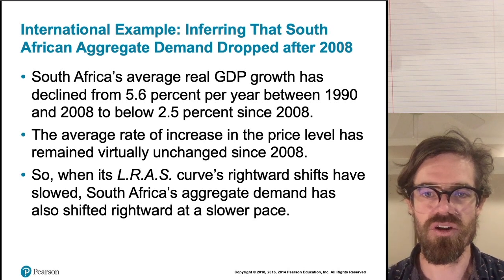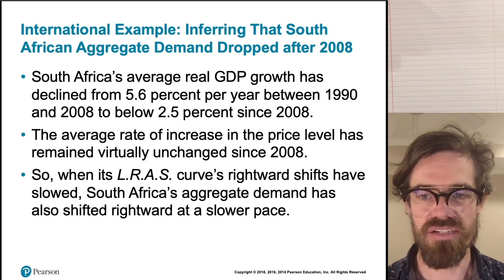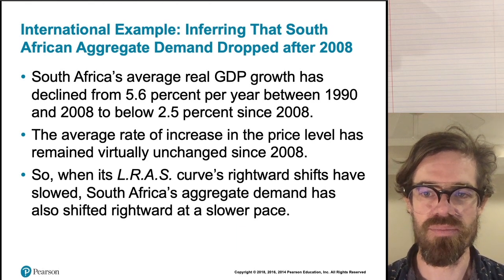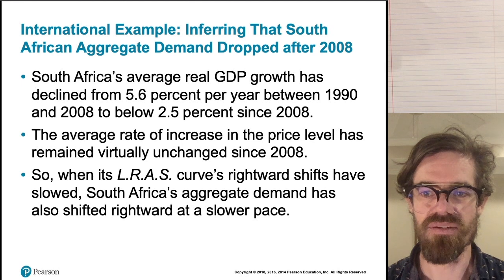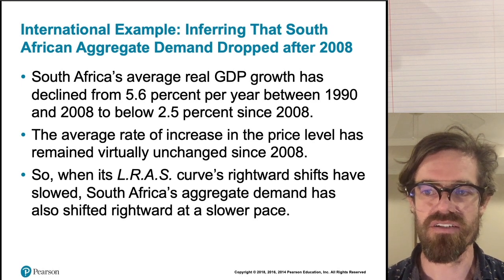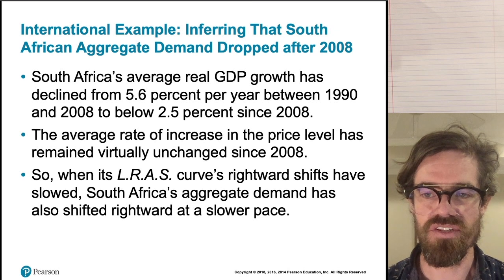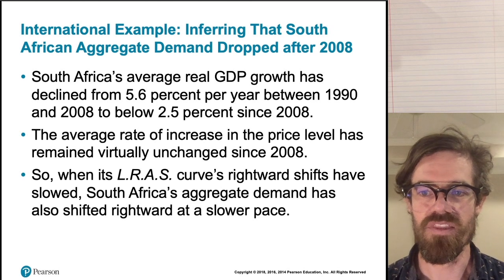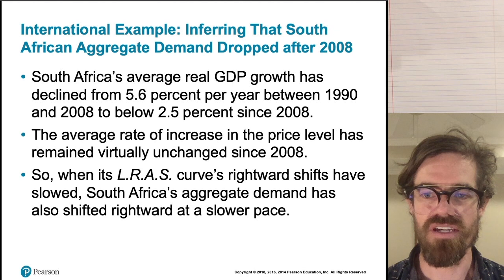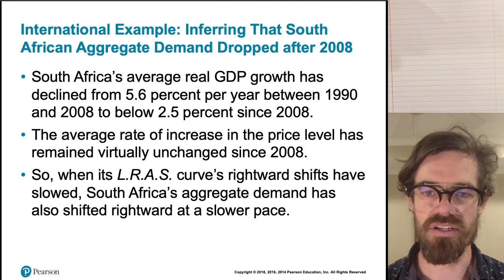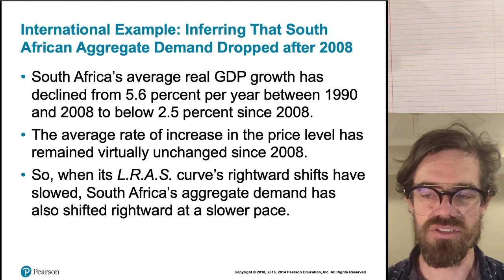So their economic growth has slowed and their price level has basically remained the same. So basically what this means is that its long-run aggregate supply curve had been shifting to the right, and that shift to the right slowed, and the aggregate demand for South Africa also shifted rightward at a slower pace, which allowed its price level to remain the same.